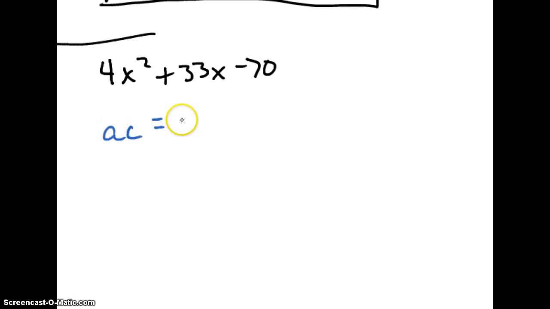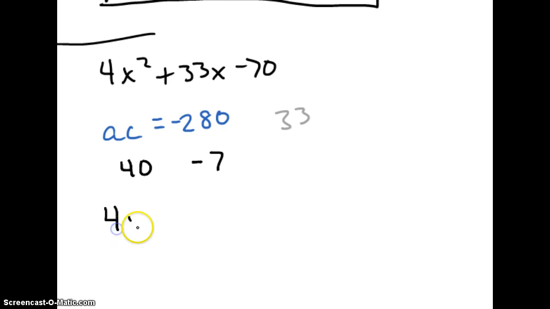AC is negative 280. I'm looking for two numbers that multiply together to give me negative 280 and add together to give me a positive 33. If you hunt for a little bit, you'll see that those numbers are 40 and negative 7.